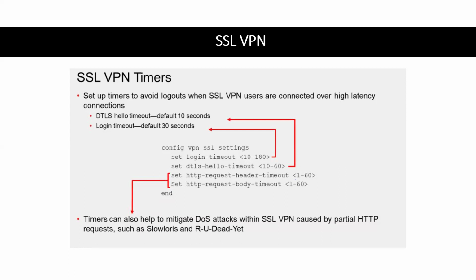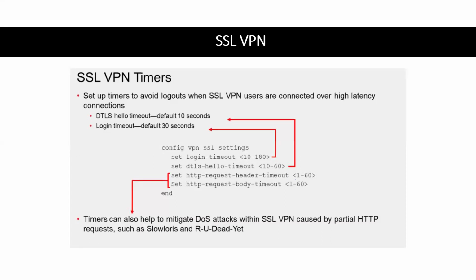What the FortiGate can do is terminate that session before they even finish trying to communicate with the FortiGate to negotiate, saying, hey, I'm ready to create an SSL VPN tunnel, if their internet is taking too long. It can time it out, because it's taking too long. These are certain timers, and the timers I just spoke about are the DTLS hello timeout and the login timeout.